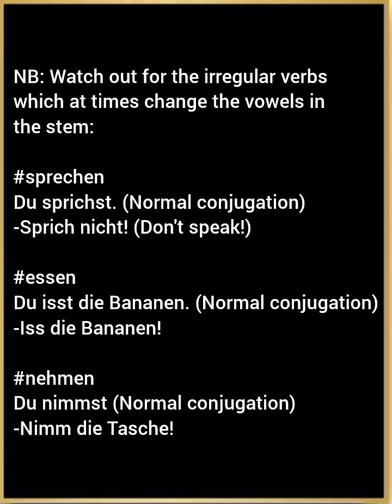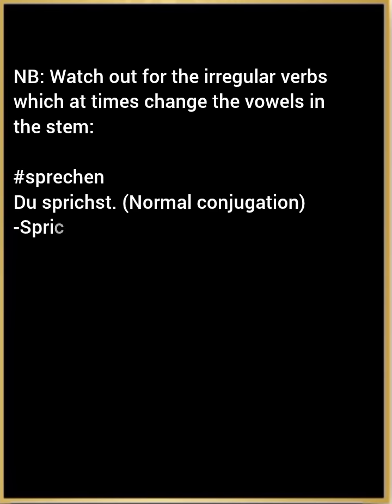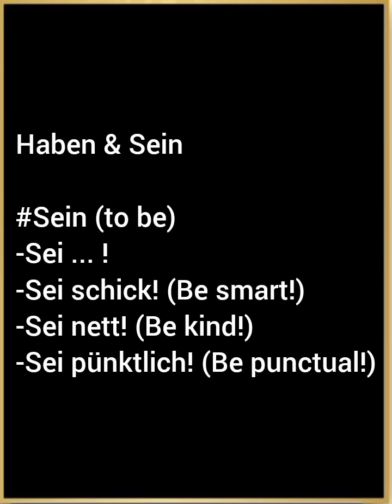Okay, next point. When forming requests in the du form using haben and sein, they are used as follows. Let's begin with sein. Again, it's irregular. Normally we would say, ich bin, du bist. But for the request, we don't use bist.